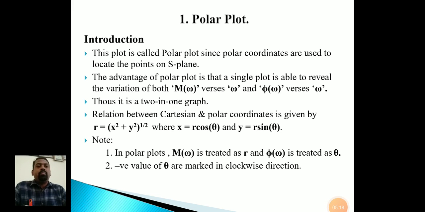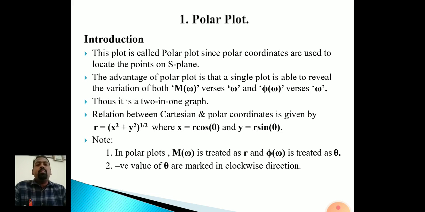Here is the introduction to the polar plot. This plot is called polar plot since polar coordinates are used to locate the point on the S plane. We are using the polar coordinates, that is r and theta. In case of Cartesian coordinates, we consider x and y, in two dimensions.